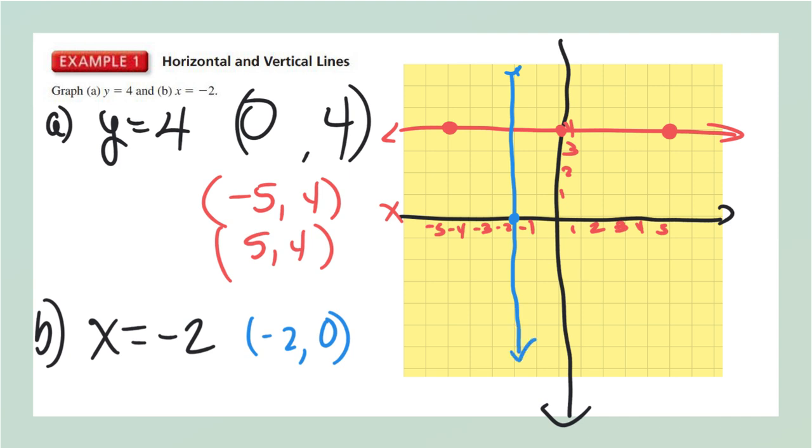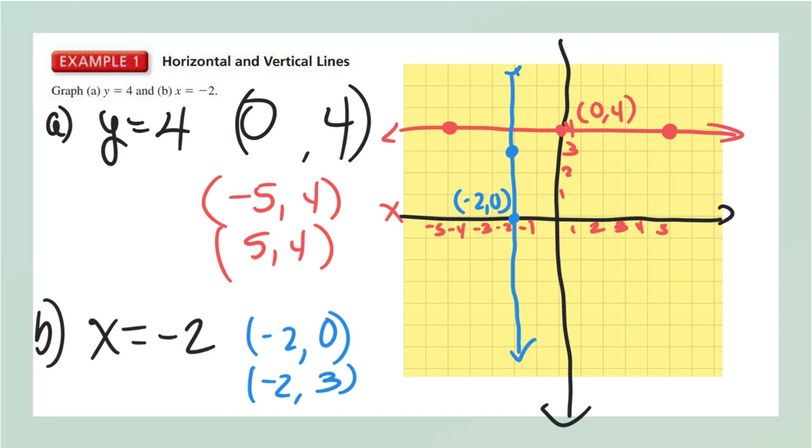This point here is telling me it's what? (-2, 0). We established that this was (0, 4). No, not over here, that one's (5, 0). So what does that mean? That for every value of y, the value of x is going to be -2. If I have (-2, 3), am I still on the line?